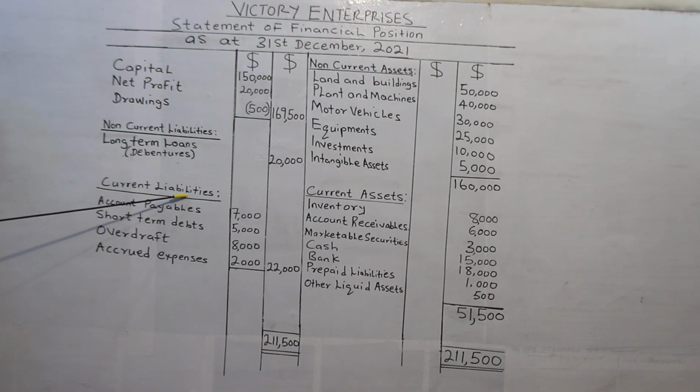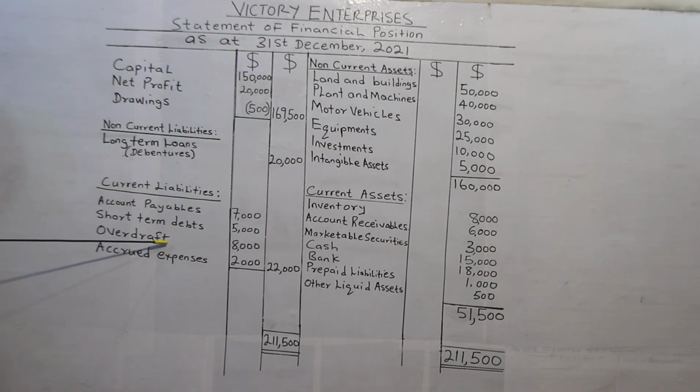Now, the current liabilities items include account payables, $7,000. This represents suppliers that they purchase goods on credit from. Their short-term debts, as the name implies, are debts that are repayable within an accounting period, that is 12 months.